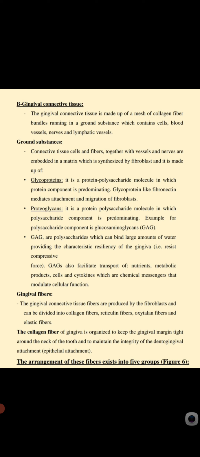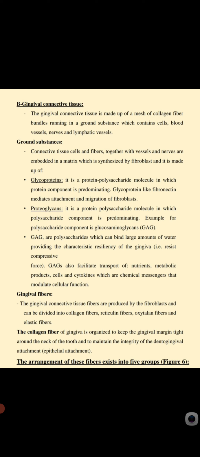Glycoproteins like fibronectin mediate attachment and migration of fibroblasts, meaning they help in attachment and migration of fibroblasts. Second is the proteoglycan. It is a protein polysaccharide molecule in which the polysaccharide component is predominant. Remember, in glycoprotein the protein component is predominant, but in proteoglycan the polysaccharide component is predominant. An example of the polysaccharide component is the glycosaminoglycans.